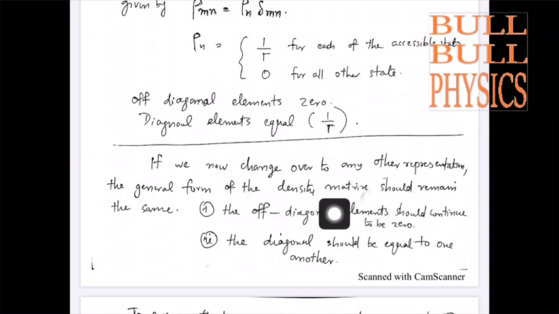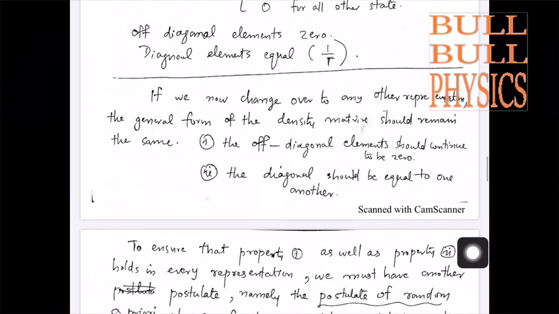If we now change over to some other general representation, the general form of the density matrix should remain the same. So in any representation, the general form of the density matrix should be of the same form. That is, the off-diagonal elements should continue to be 0, and the diagonal elements should be equal to one another.